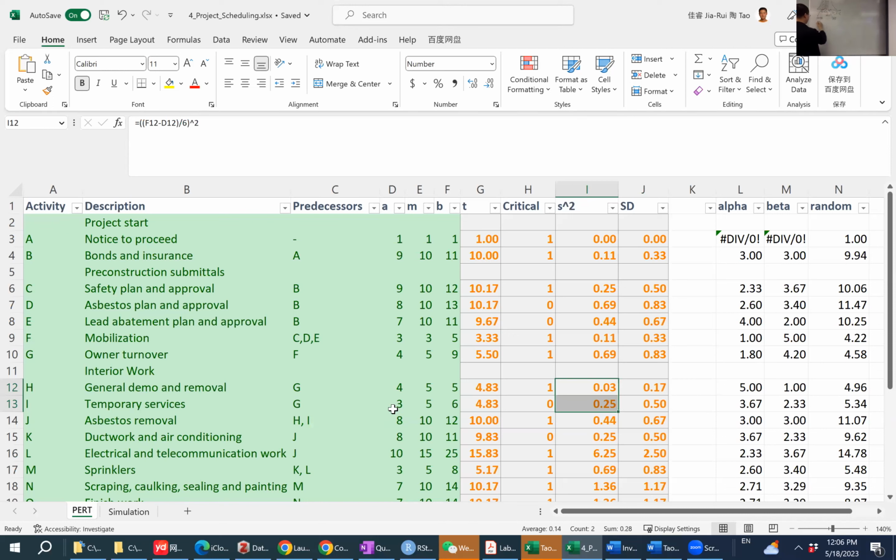This can be done by recognizing that if I calculate a probability of this T between 85 and 95, this probability can be done in two steps.